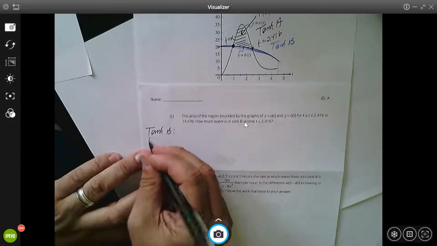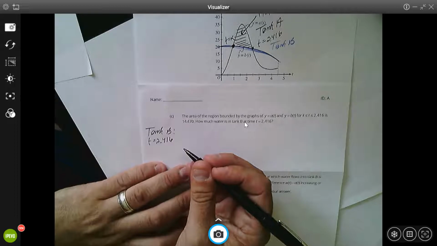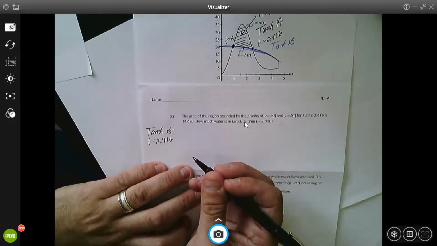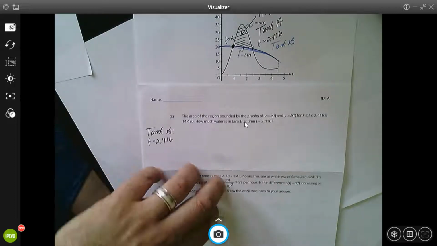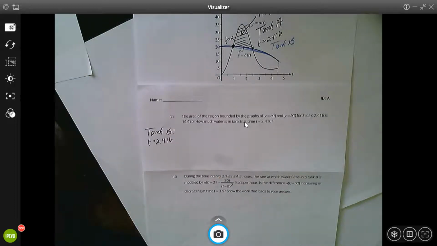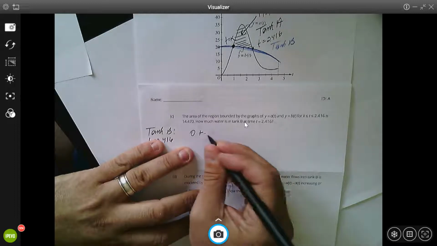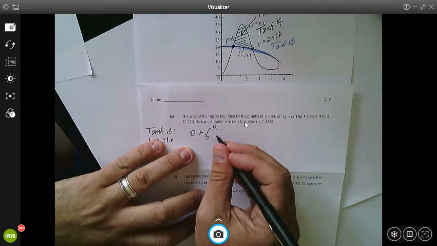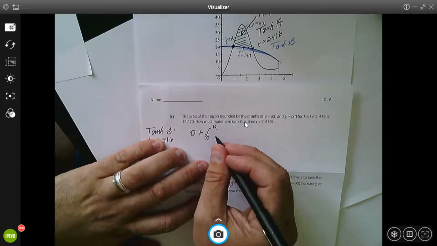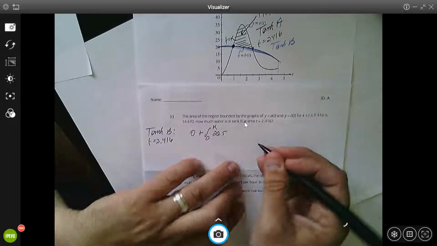Well, what do we know? Tank B at time t equals 2.416. Well, what have we already done? We figured out that we had 0 in the beginning, plus on this interval 0 to k, the water was coming in at a rate of 20.5 liters per hour.